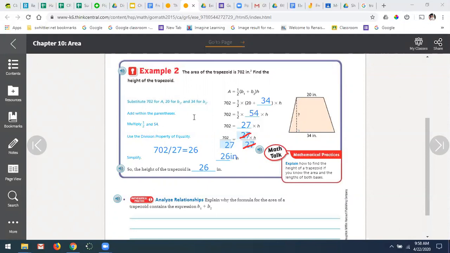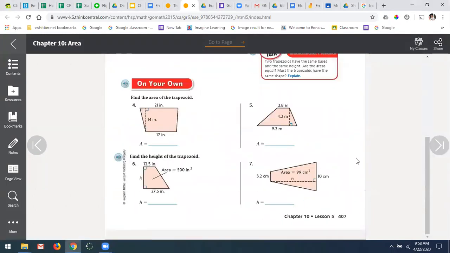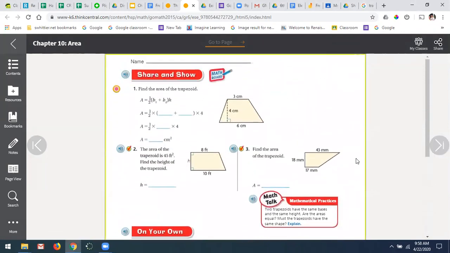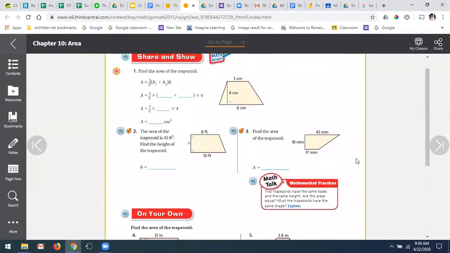And good luck. Let's just really quick look at the next page to see what we're doing. Okay. So I see, yep, number 1, 2, and 3, actually number 1 and 3, you're finding the area.